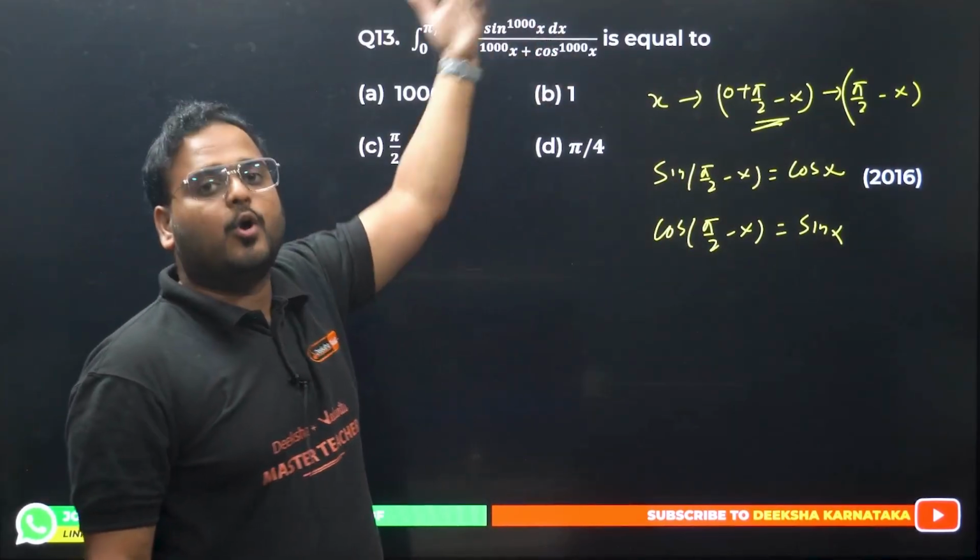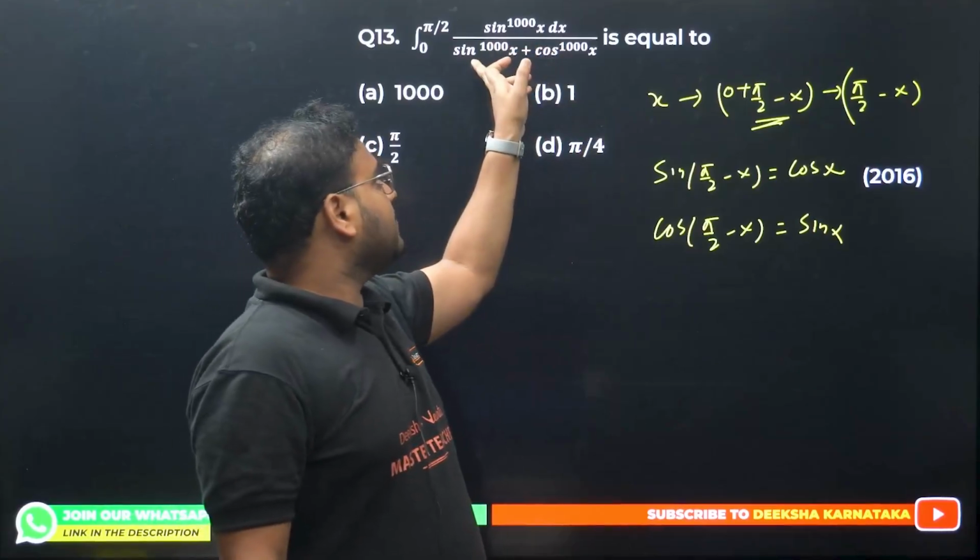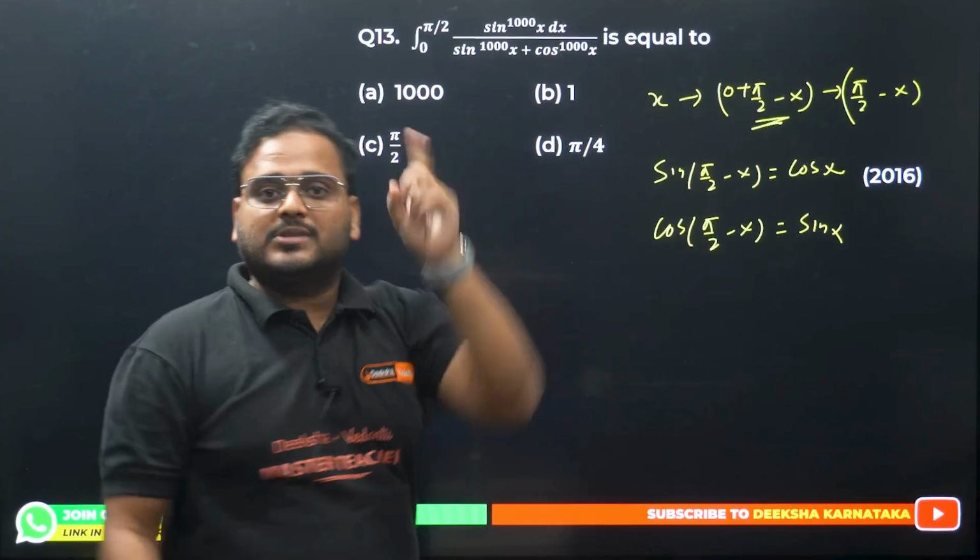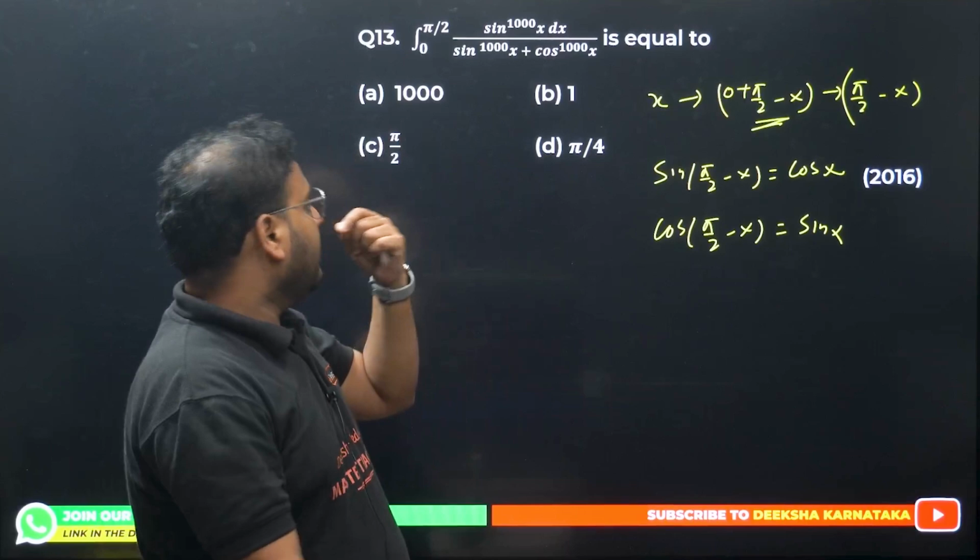The power is outside, it's the whole power. This will become cos, this will become sin. So sine and cos will interchange, and then you'll get the same result.